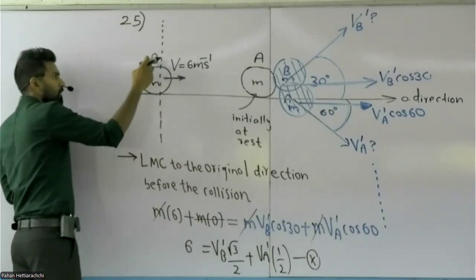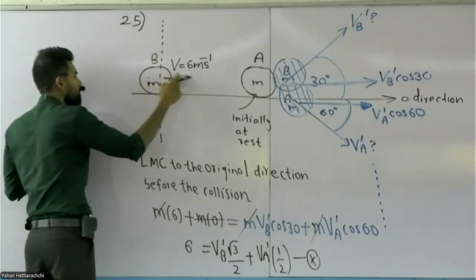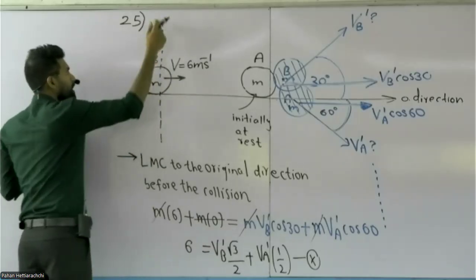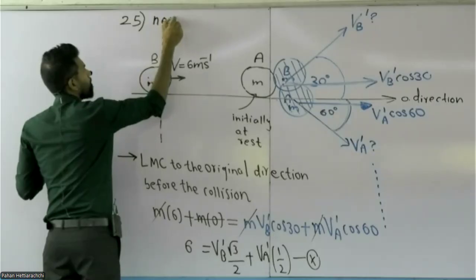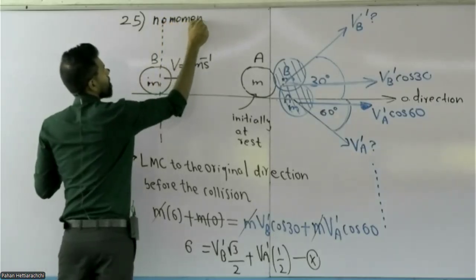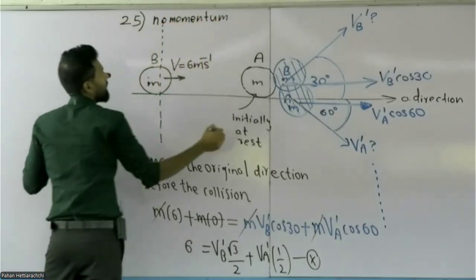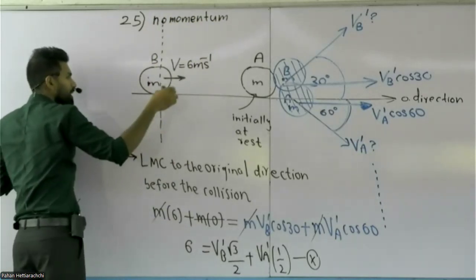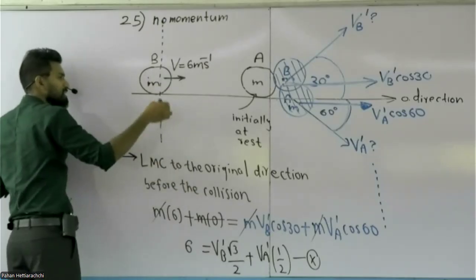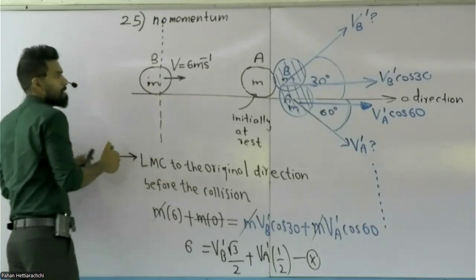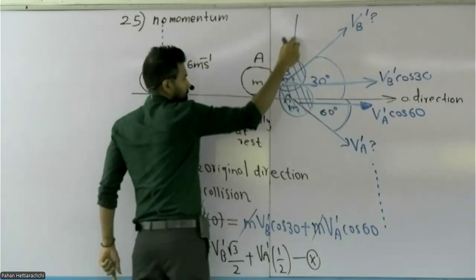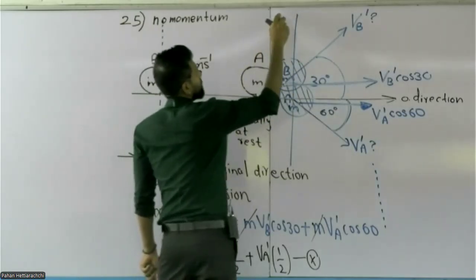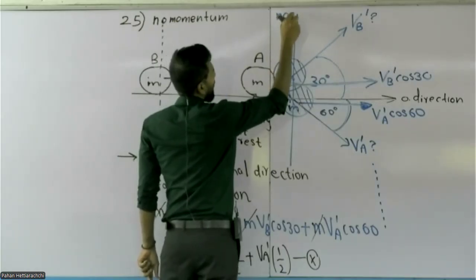If the ball B is moving in the initial direction, and I consider the perpendicular plane, there's no momentum. No momentum in the perpendicular plane. If the momentum is conserved, meaning it doesn't change, what should happen? After the collision also, the momentum should be zero in the perpendicular plane. So here also you can't have a momentum.